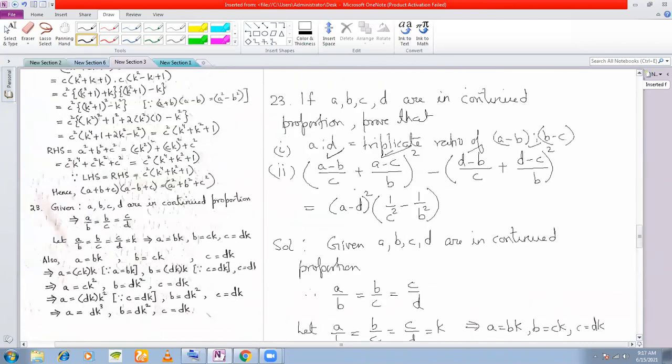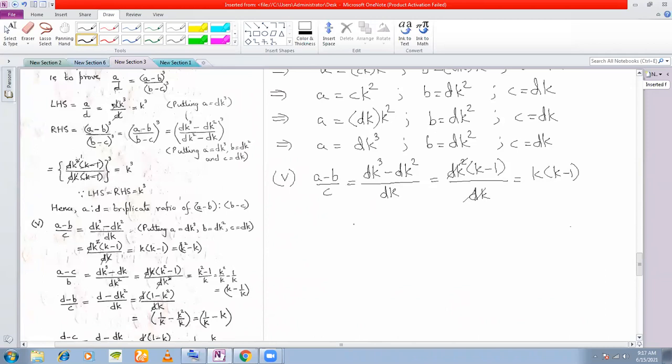Let us find out the value of the next fraction, a minus c by b. Put the values. From the numerator, you can take dk common, get only k square minus 1.